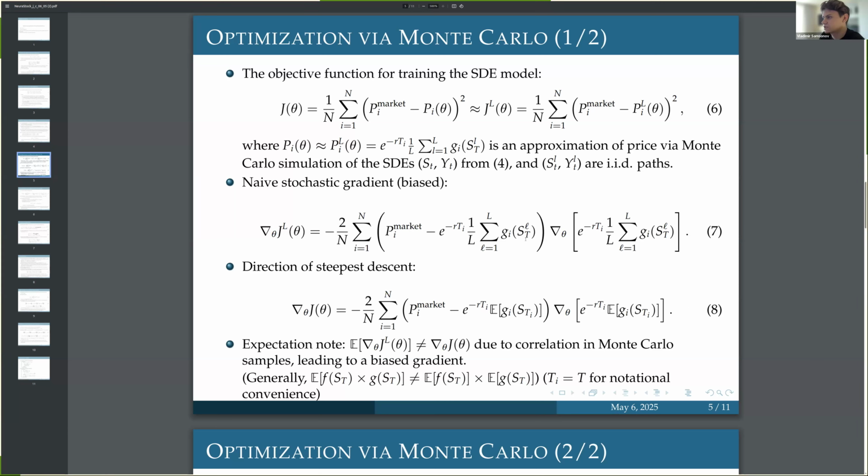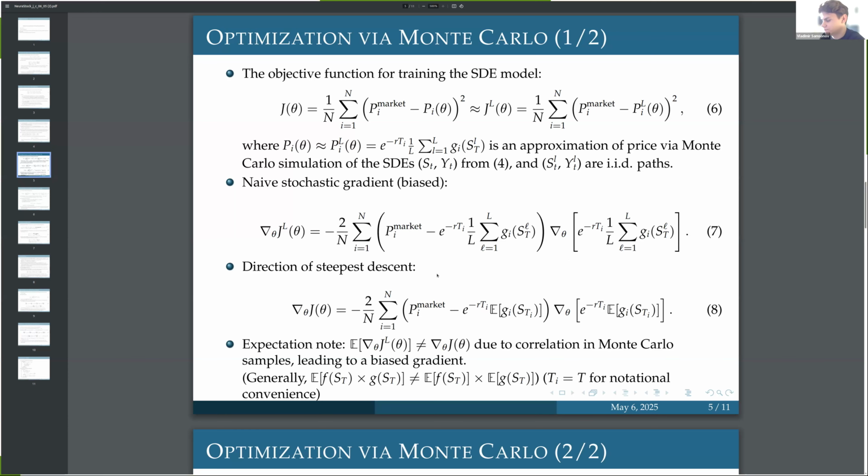We use the same Monte Carlo simulations for calculating the gradient of the model-generated price and the model-generated price itself. Generally, the expectation value of a multiplication is not the multiplication of expectation values, and formula number 7 would be a biased estimation.